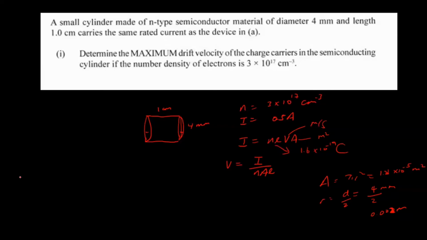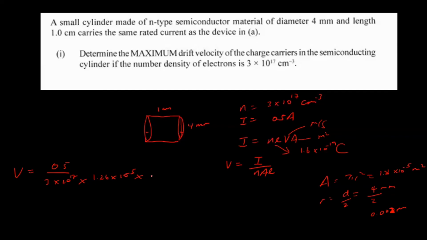So let's see if we can apply what we know. We know the current, which is 0.5. We know n, the charge density, which is 3 times 10 to the 17, times the area, which is 1.26 times 10 to the negative 5.